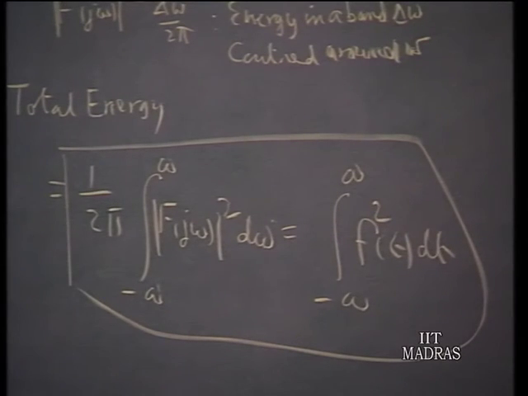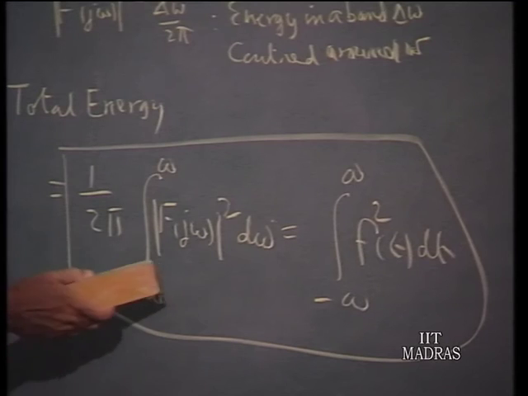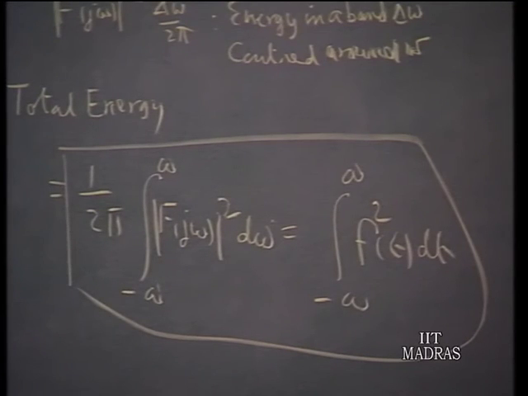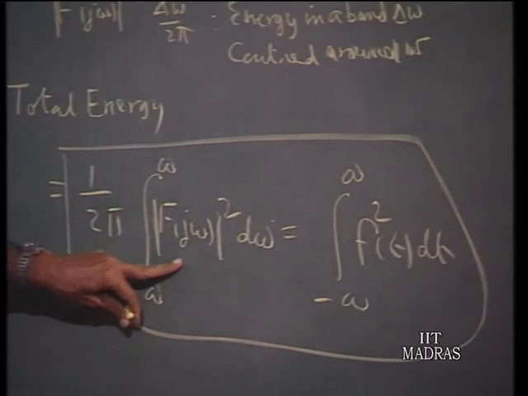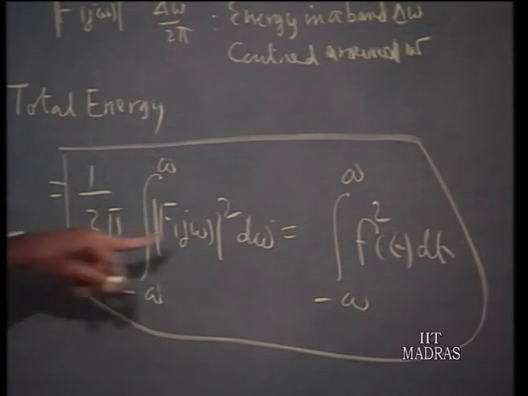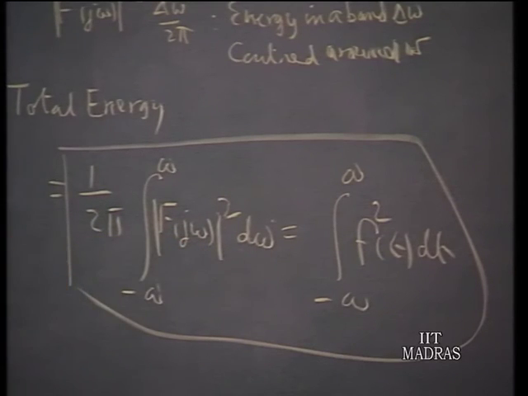You can also calculate the energy available from the signal in frequency domain in this fashion. Magnitude F of j omega squared is energy density, energy available per cycle per second. So, you have to multiply by frequency d omega by 2 pi, and integrate over the whole range of frequencies, you get the total energy that is available from the signal.